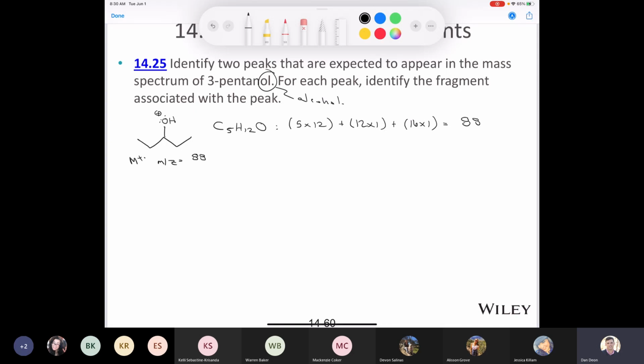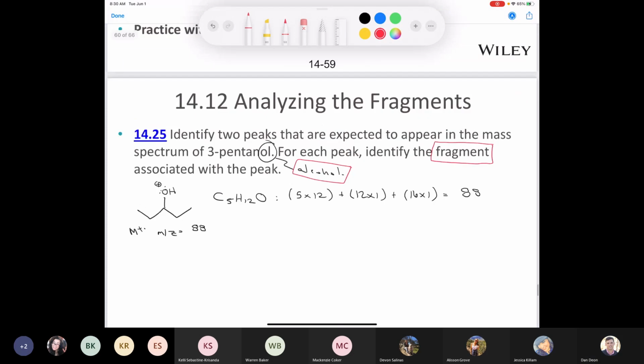So I have a question for my students. What types of fragmentation might we expect for an alcohol? It's not a trick question. Could anybody tell me what types of fragmentation we might expect to see? What were the two types of fragmentation that we saw earlier on?